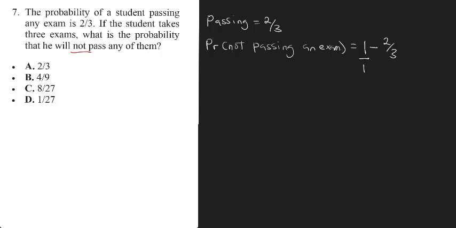So in this case, we're going to balance this with 1. Remember, we're getting for only one exam, the probability of not passing one exam. So of course, we'll take LCM since the denominators are different. The LCM here is 3. 3 divided by 1 is 3, and 3 times 1 is 3. Then minus 3 divided by 3 is 1, and 1 times 2 is 2. So we have 2.